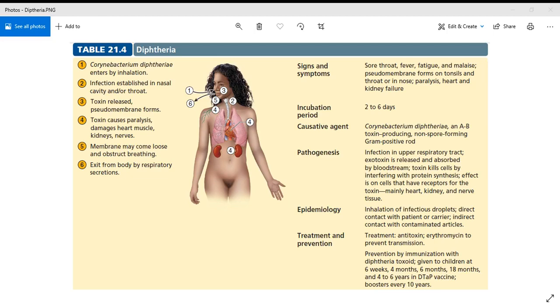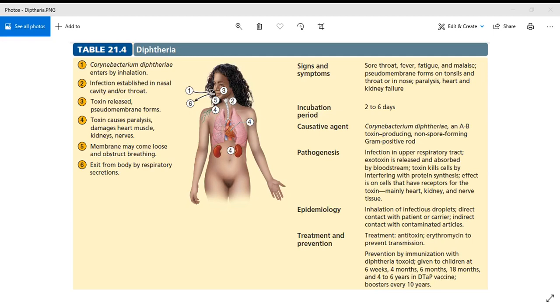Now I'm talking about the pathogenesis, the way it causes disease. When it gets into the body, it doesn't enter the blood, it doesn't enter the tissue. It usually grows in the throat, and from that location, it releases these toxins.